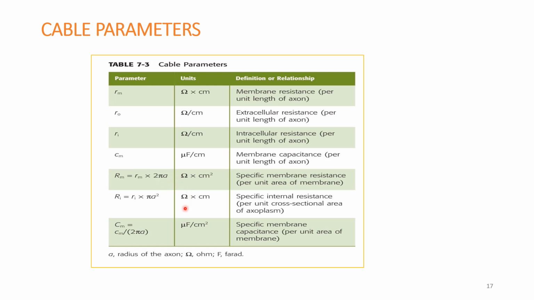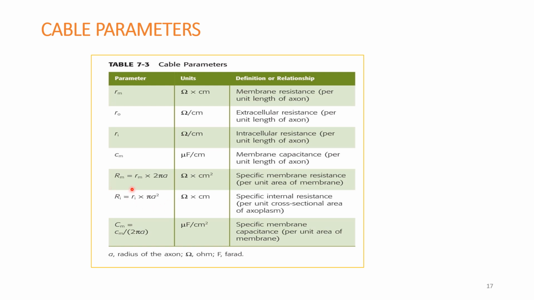This small a is the axon radius. Then coming to specific internal resistance per unit cross-sectional area of the axoplasm. This is given by small ri into pi a square.